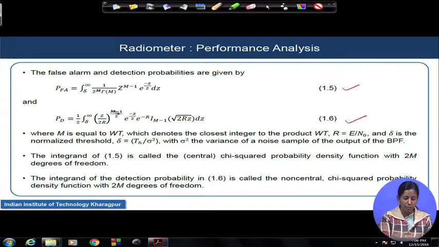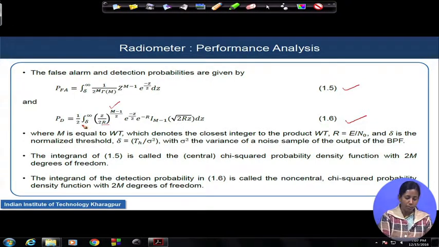One is the capital M, which is equal to your time bandwidth product W into T. W was the bandwidth of the band pass filter, and T was the integration time. The next term is capital R, which is basically the signal to noise ratio.